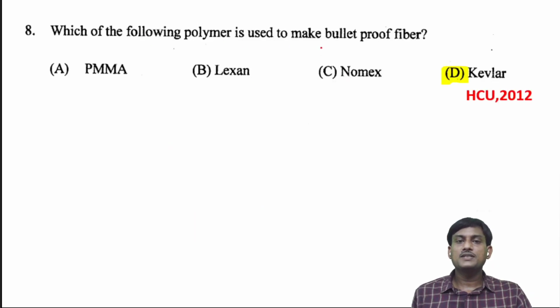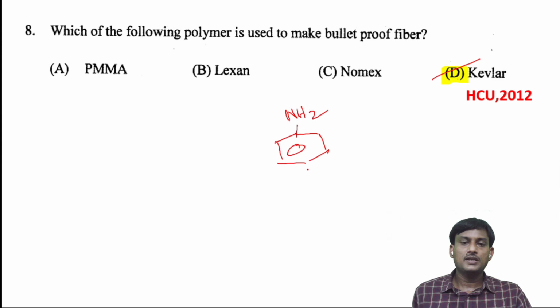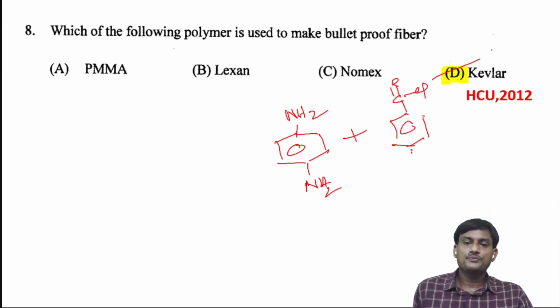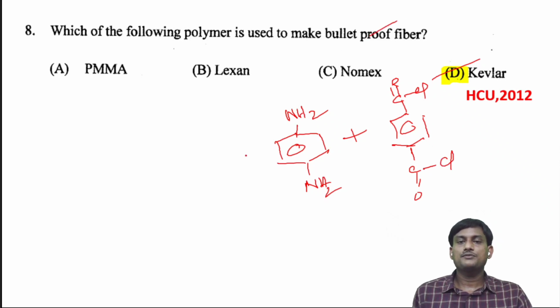Which of the following polymers is used to make bulletproof fiber? Okay, Kevlar. This is an amide. NH2, and at the para position there is an NH2. It's a copolymer, or condensation polymer, of these two molecules. This one is very strong, and this is used in bulletproof fiber. These are the monomers of Kevlar. And Nomex is similar to Kevlar, but not as strong.